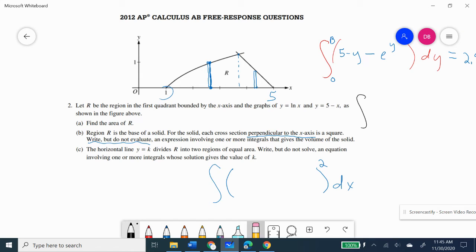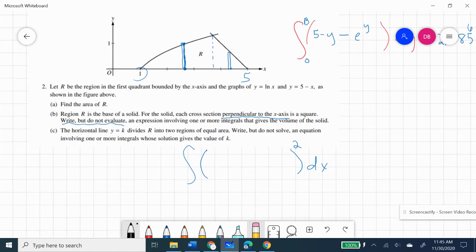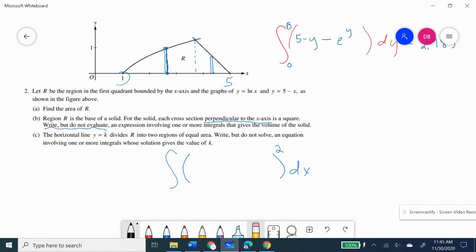Oh, I already wrote that. So I've got all this set up, but I've got a problem. I have to go to the x-coordinate of this intersection point.